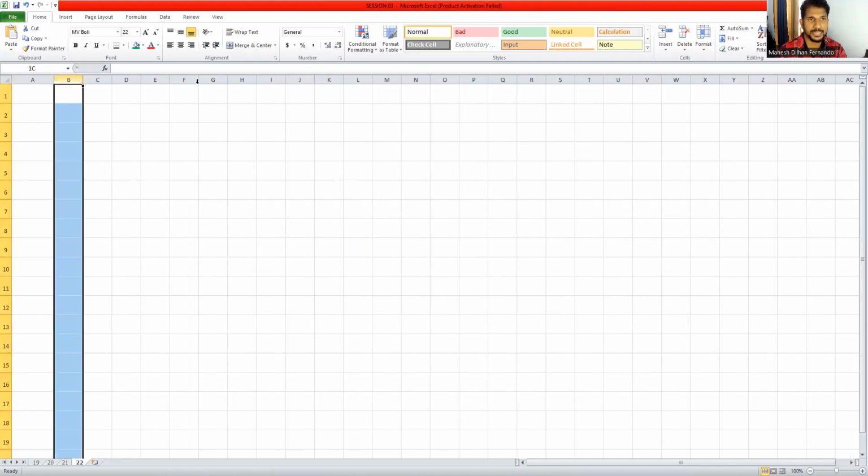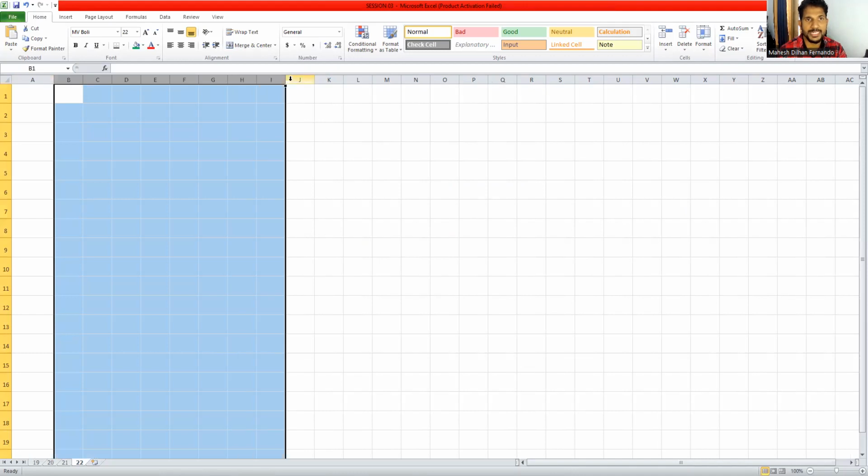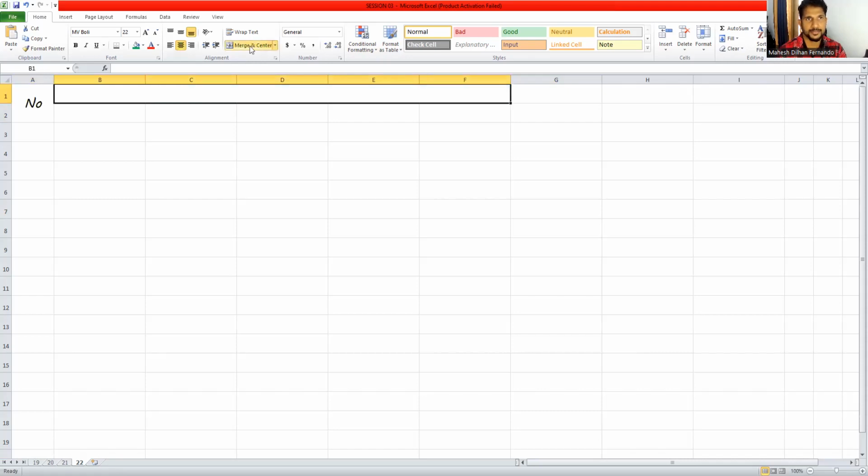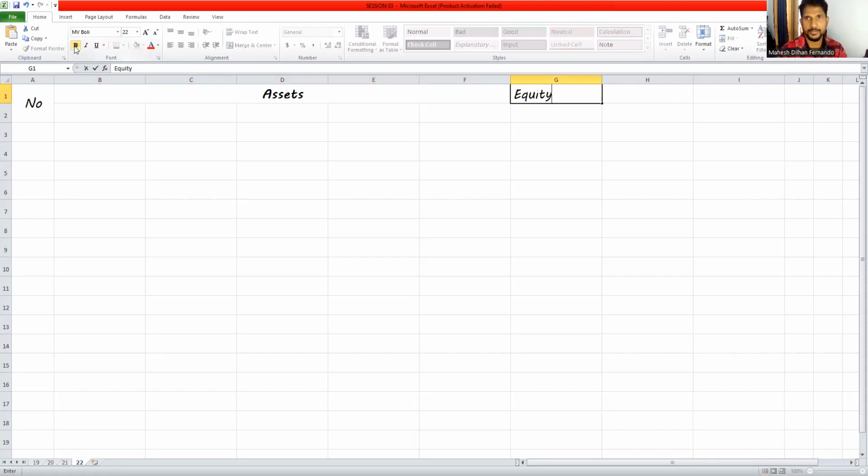There are 5 assets, 1 equity and 2 liabilities, right? Here we go. Number 5 assets and equity, right? And we have 2 liabilities.